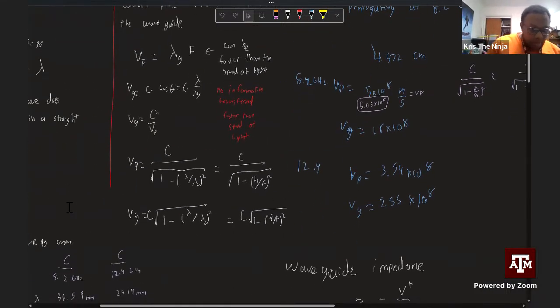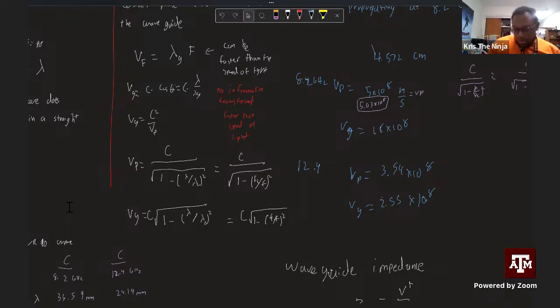And then we can do the same thing except we do c times that, and that gives us our group velocity. So if we do alpha c times this value, which is the same thing. Wait, yes, it is the same thing.